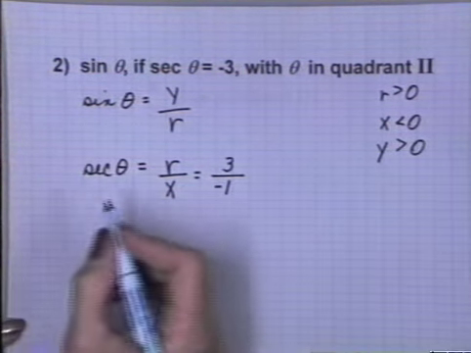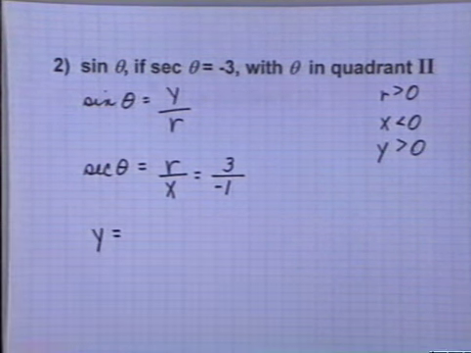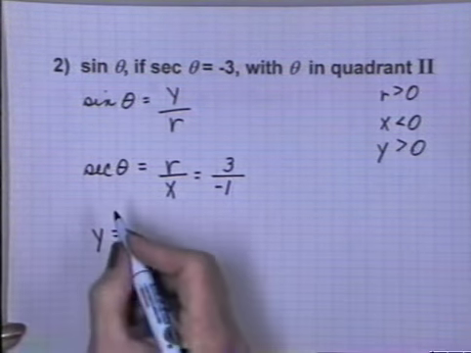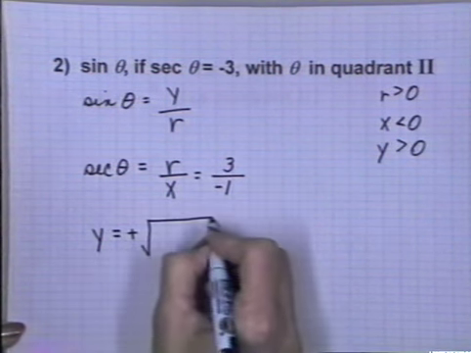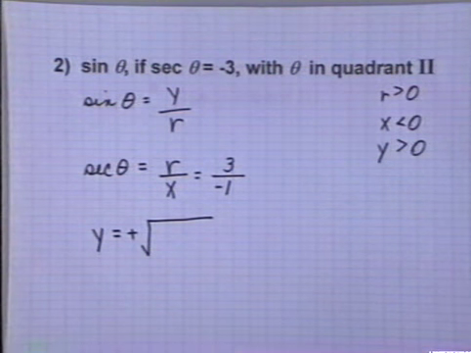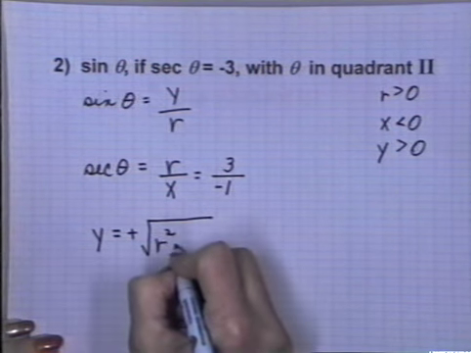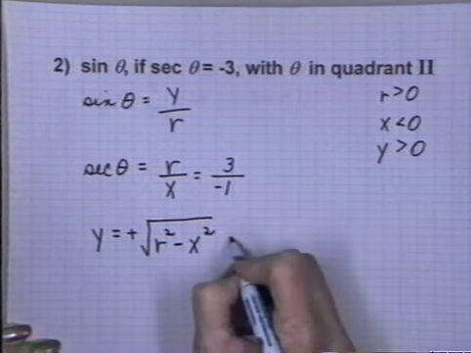So if I want to find my y in this case, I will get the sign first, it's positive, and so I'll write the positive. I know that since y is a leg, the way I find a leg is to say r squared minus the other leg squared, which would be x squared in this case.